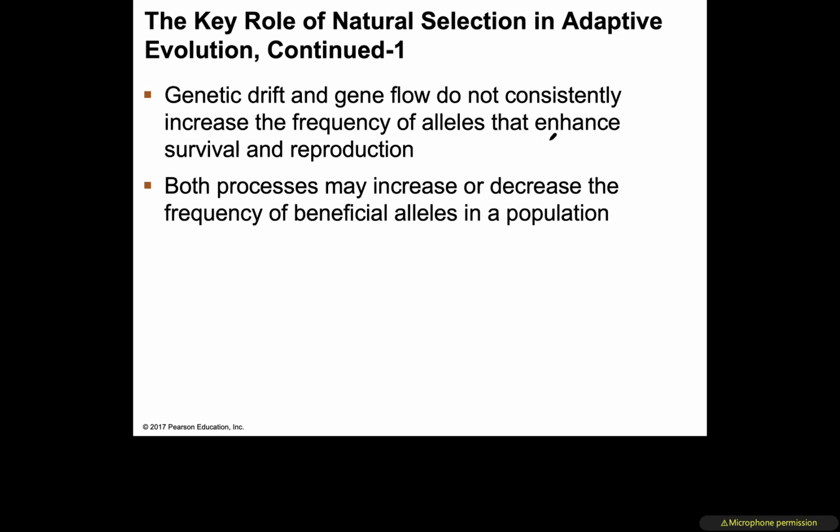Genetic drift and gene flow are more random, as stated previously. Both of those processes may increase or decrease the frequency of the beneficial alleles in the population, meaning you could end up with more deleterious genes, or you can end up with more beneficial genes.